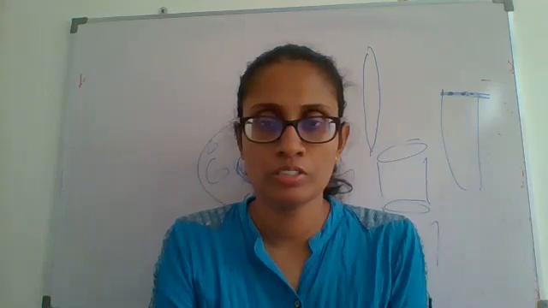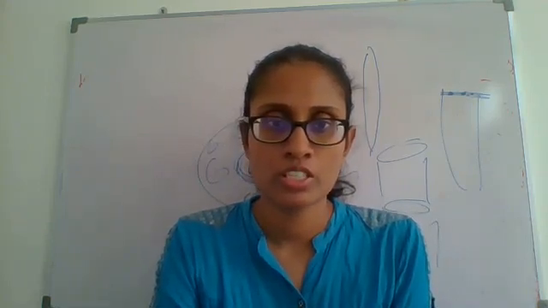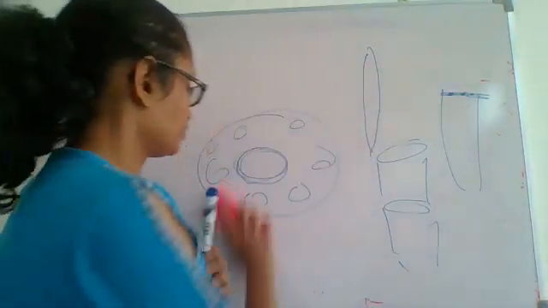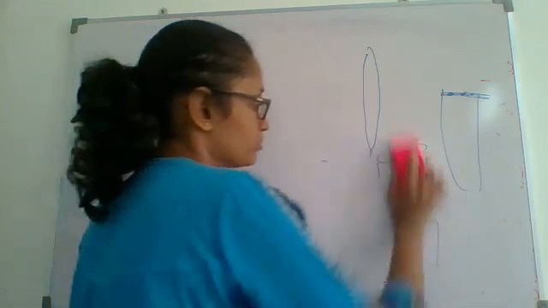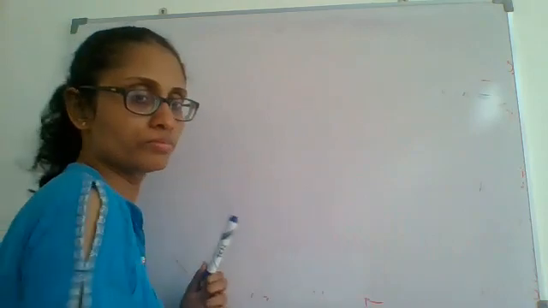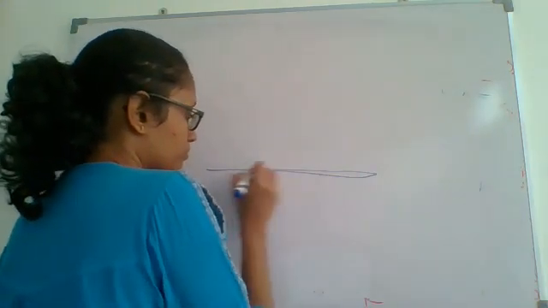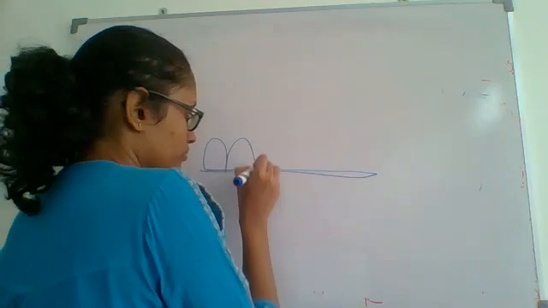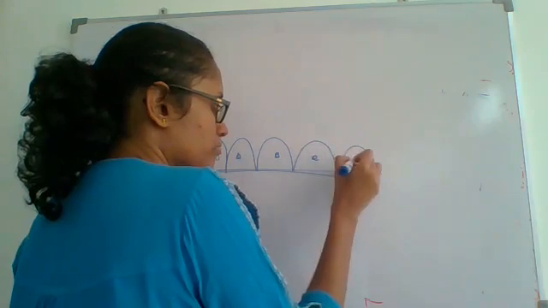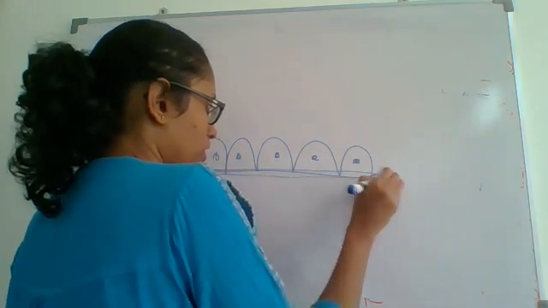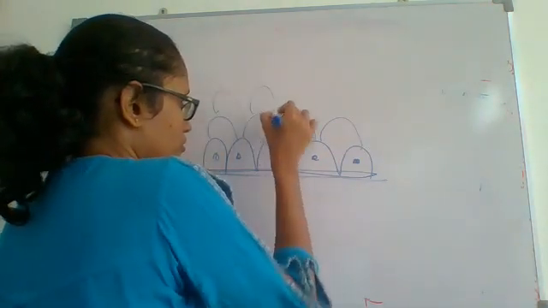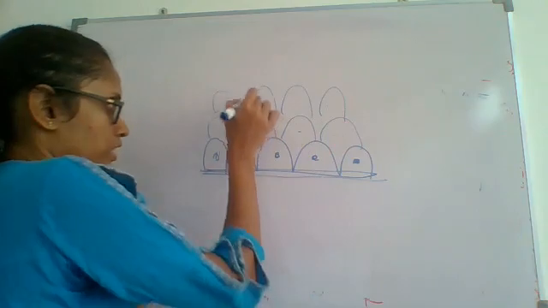So the features of these epithelial tissues are like this. You can see a clear nucleus, base, and there can be several layers also, single or multiple layers.